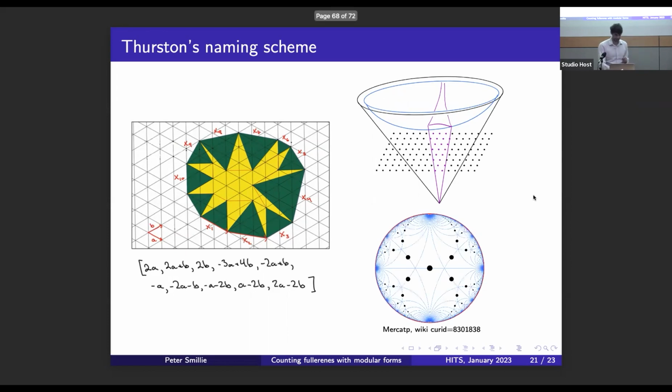So another way of saying that is, maybe one thing I wanted to say also is that the distance of one of these points from 0 corresponds to the number of carbon atoms in this picture. Okay, so here's a hint that there's some higher level of math here. If you take some Fullerene and cut it as Thurston suggested, starting from the shortest one, you get some point in this purple cone.